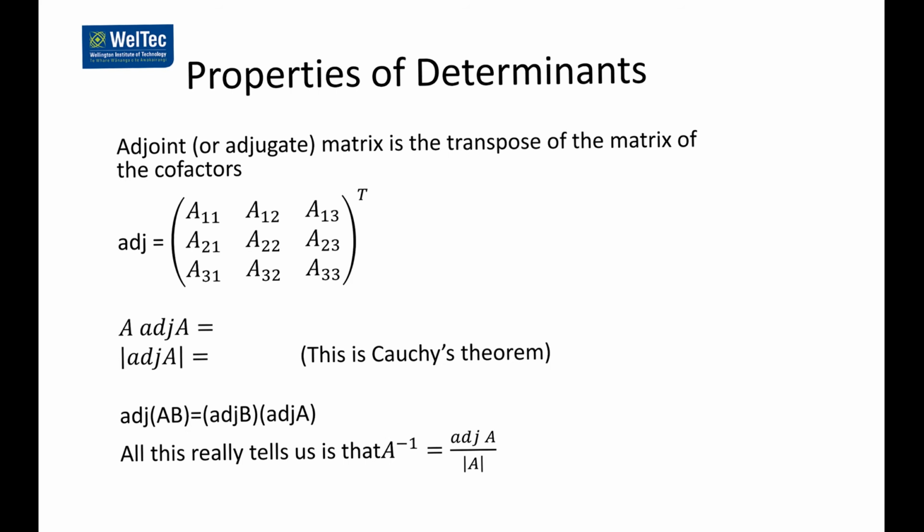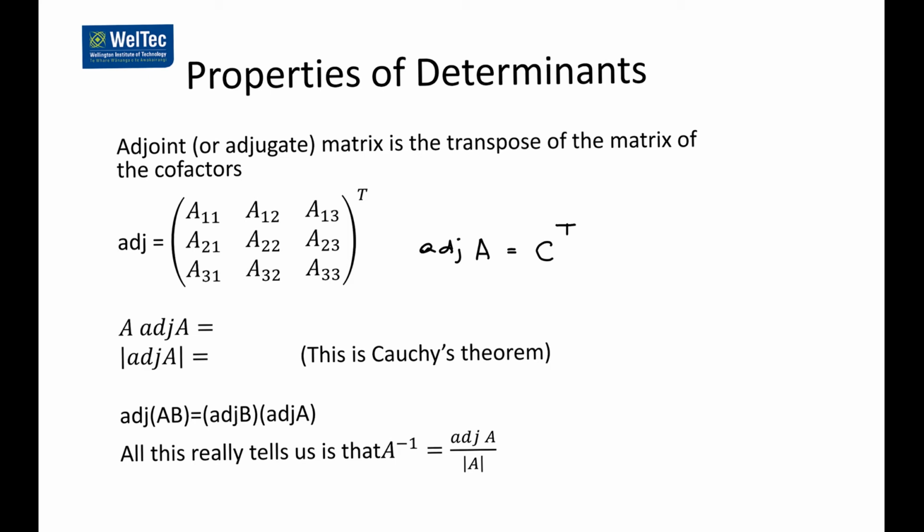Now we talk about the adjoint, or the adjugate, I prefer to say adjoint matrix, and it's the transpose of the matrix of the cofactors. So we could write that as adj A equals the transpose of the matrix of the cofactors. And a few facts there.